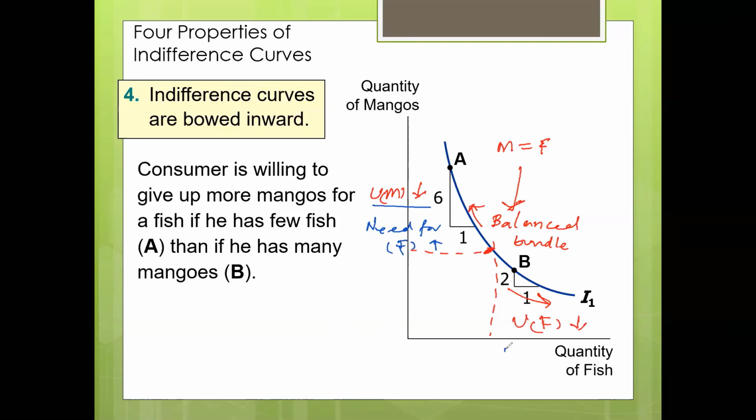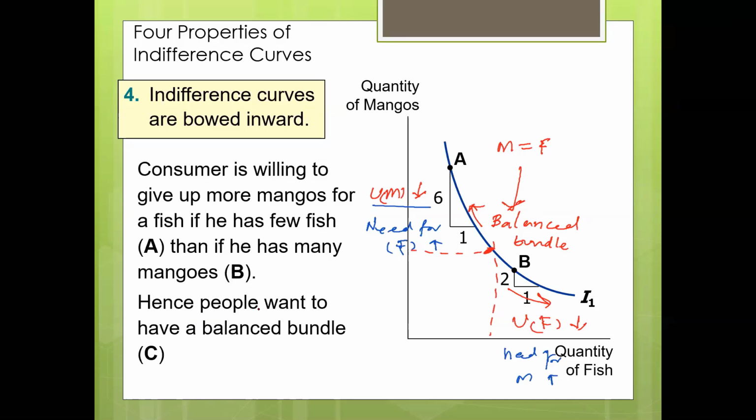Similarly, here the need for mangoes will increase. So this thing is being discussed here. Let me move the slide. Hence, people want to have a balanced bundle at point C, where they both are equal.